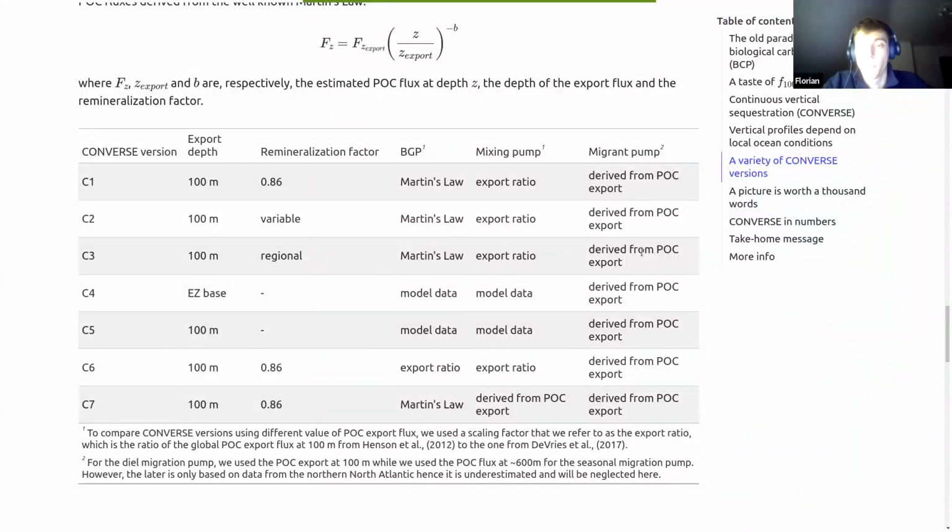So this is derived from the value of the export of particulate carbon. And we use an export ratio for the mixing pump, because for the mixing pump, we need dissolved organic carbon data, and we do not have it for an empirical law. So we use it from model data from DeVries and Weber.